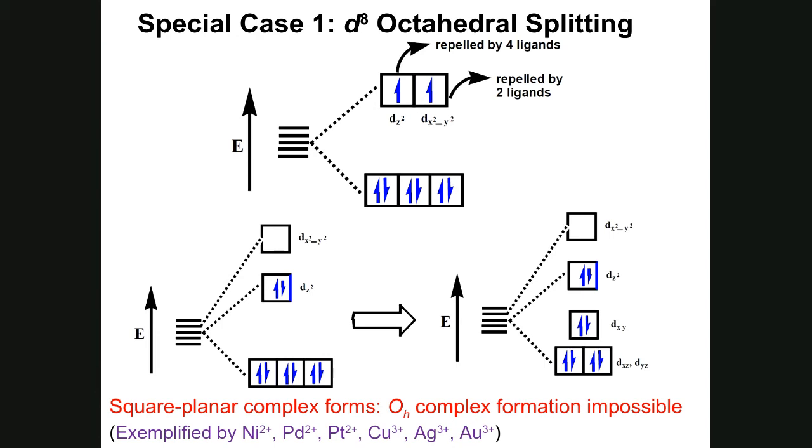If you look at this diagram on the left-hand side, which is just the same as the one on the right-hand side, it is actually the end result, if you like. So essentially, because of significant repulsions in the xy direction, this orbital will be elevated in energy, and because of the relatively smaller amount of repulsion that electron suffers, that orbital will be lowered in energy.